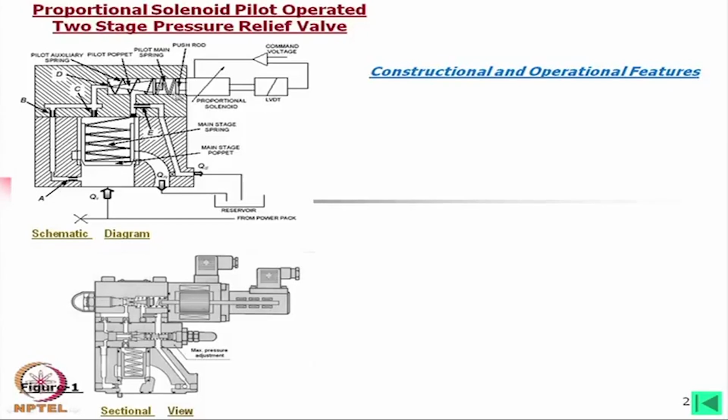Now, I shall discuss this later, but here we find a spring. I have already mentioned the force is being transmitted through the spring, not directly through a solid stem, whereas this spring is a very soft spring, and this is just to keep this poppet in position.